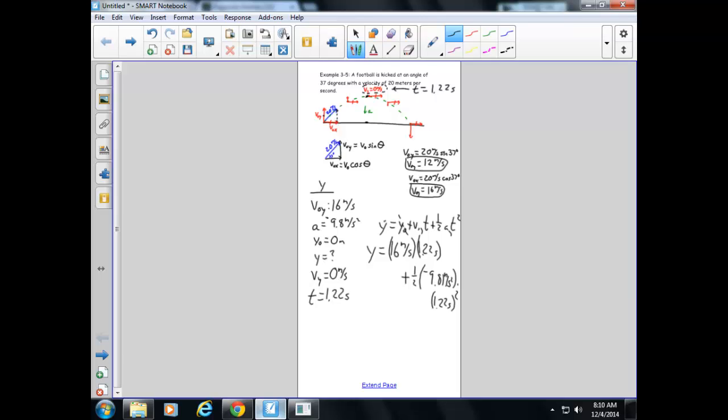Again, all of this is in the book, so if my writing is kind of smushed there, I'm really just going through and explaining what's going on in the book. We got our height to be 7.35 meters. So that means that football goes a total height of 7.35 meters. I'm going to write that in there, at the top, 7.35 meters, and erase the stuff I just did so we can move on to the next part of the question.